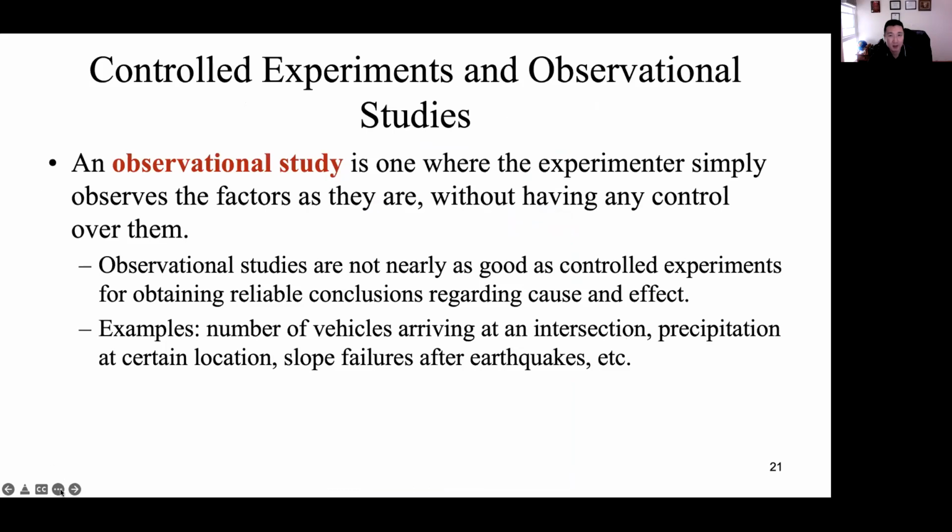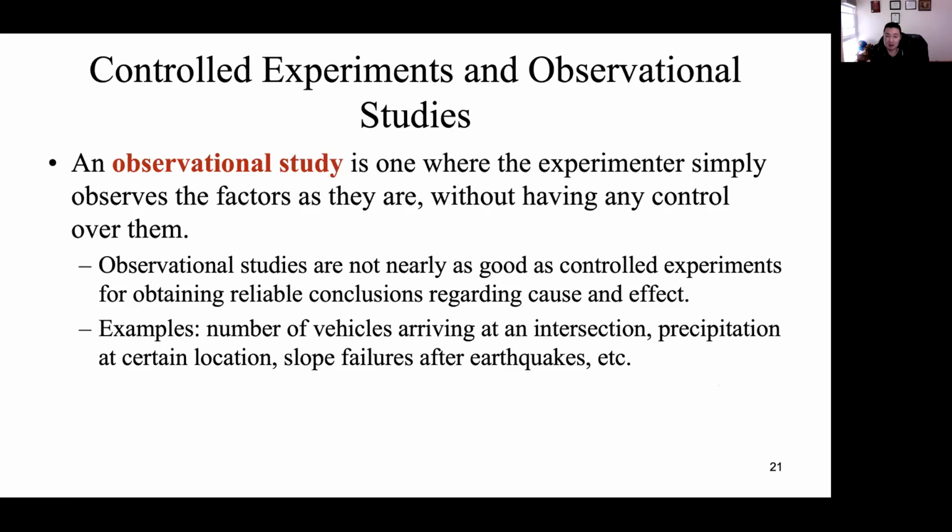Sometimes we cannot have a controlled experiment. An observational study is one where the experimenter simply observes the factors as they are, without having any control over them. For example, the number of cars arriving at a certain intersection.